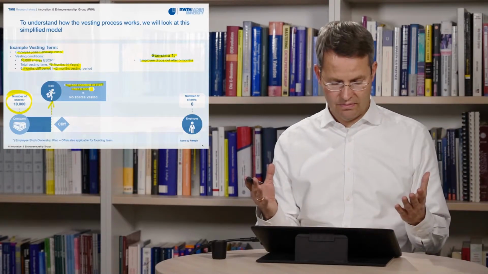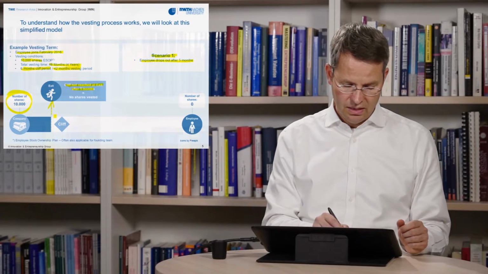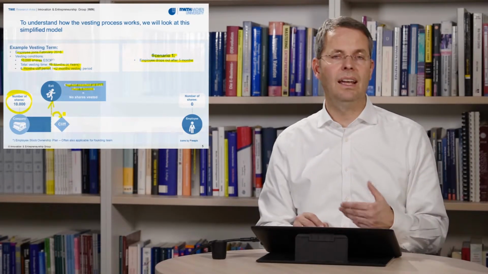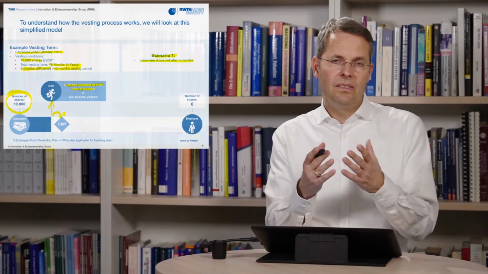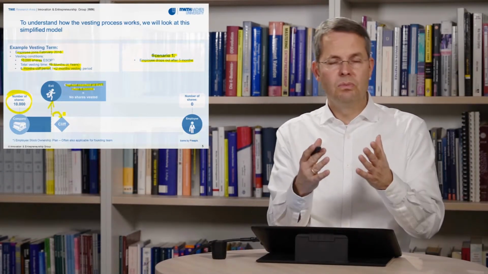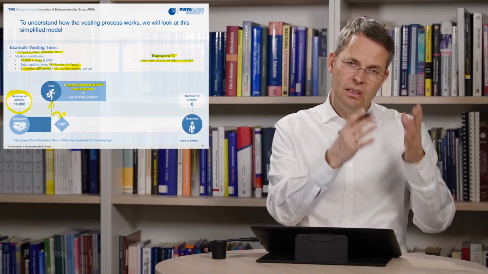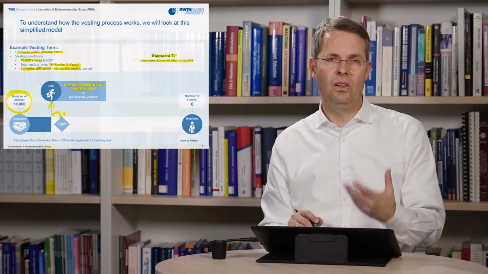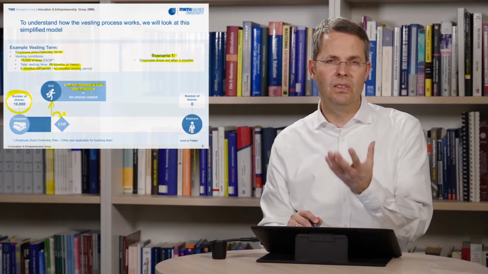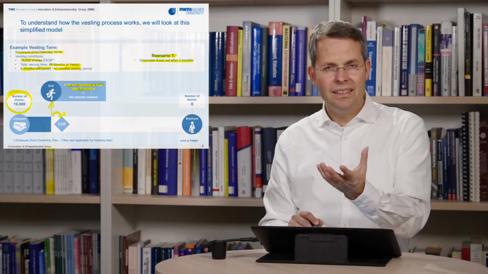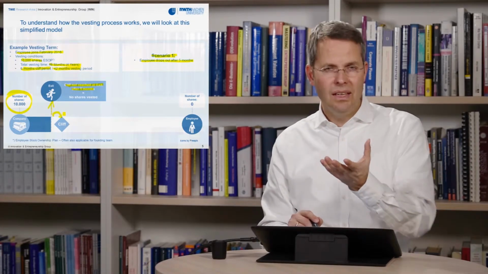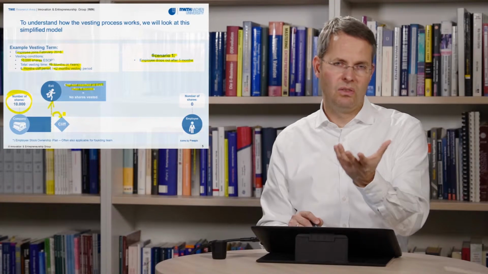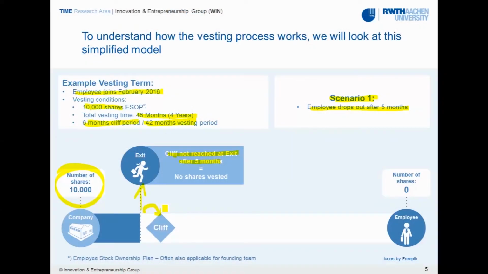He gets nothing, because the cliff is after 6 months, not after 5 months. That helps you as the entrepreneur with the employees, and also the VC with his entrepreneurs, so that they don't leave too early, and you also have a certain period of time to get information about the other side in this so-called two-sided interaction. So the employee ends with 0 shares in that case.